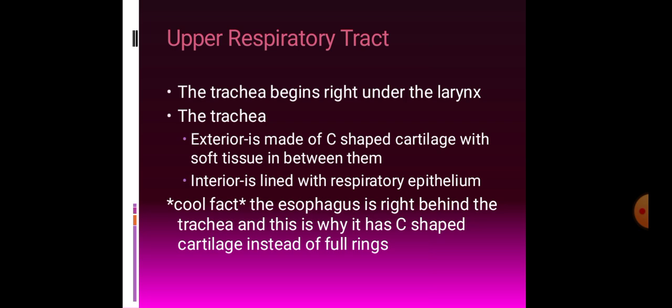It just acts as a lubricating fluid. The trachea has C-shaped incomplete rings. There are 16 to 20 incomplete cartilage rings. It is also called the windpipe.